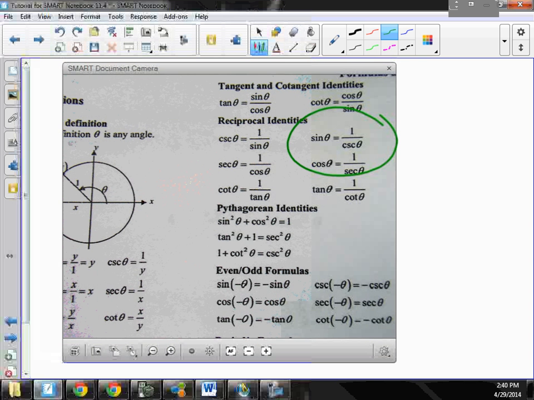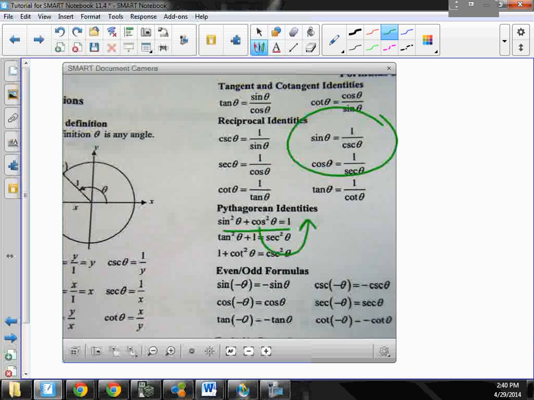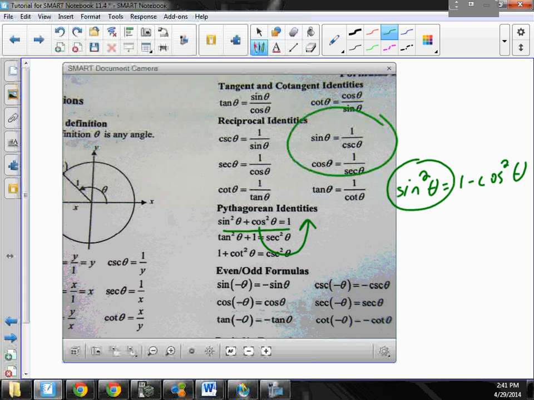But if I take the first Pythagorean identity and alter it a little bit, I can make it work. If I move the cosine squared to the other side, then I have sine squared of theta equals 1 minus the cosine squared of theta. So what I'm trying to do is create a sine squared on the left side, and then I would have proven it. I'd be done.